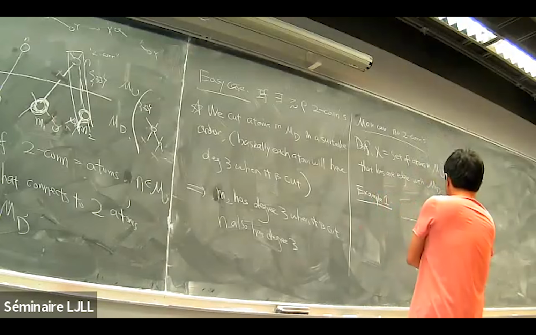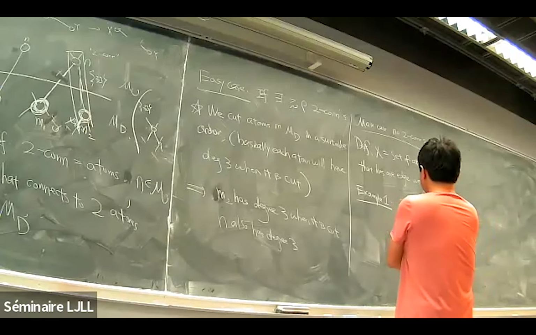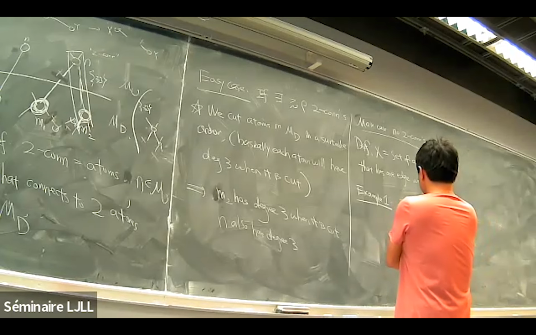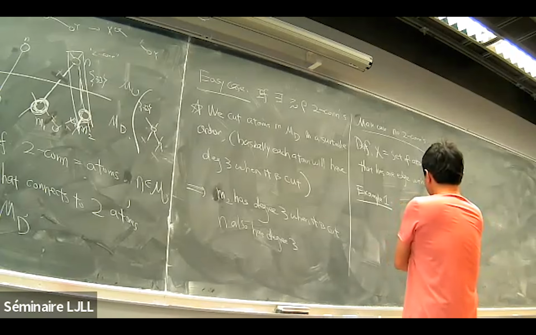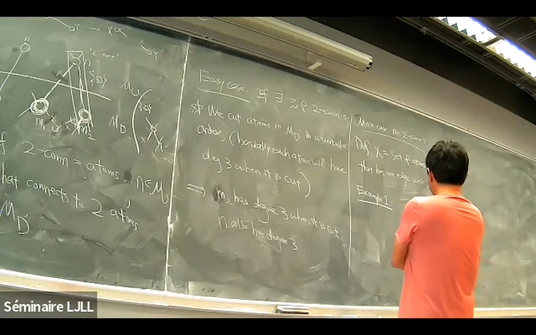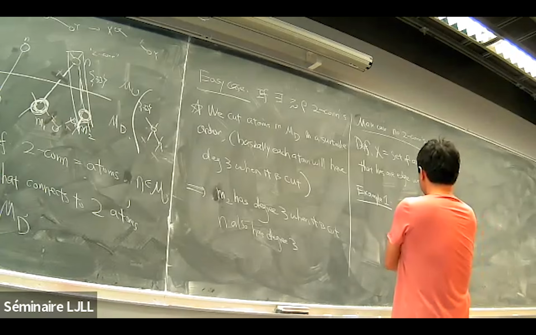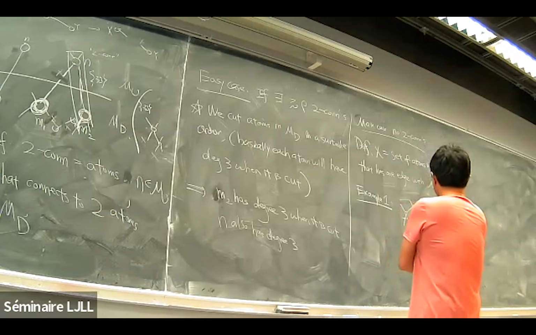So this is MU, this is MB, and then we have, how do I draw it? MU is something like this, and this is a zigzag thing, and then each of the bottom things is connected like this, and then this, and then this other thing.